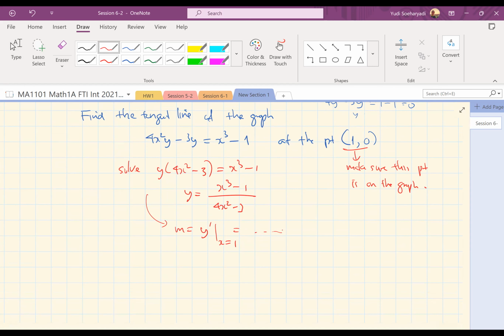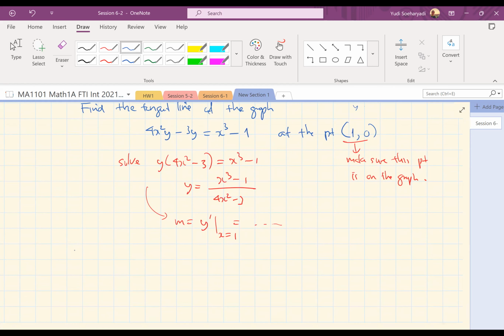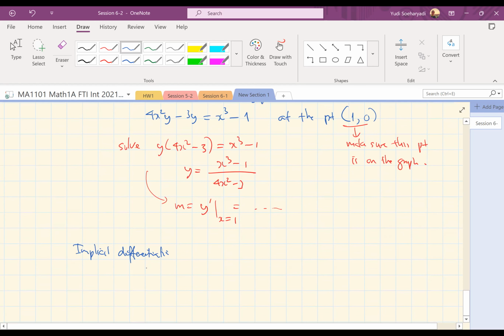Okay, so then this is what we call implicit differentiation. In implicit differentiation, this is what you do. Okay, so let's define a function. I would prefer using capital F here, of two variables.